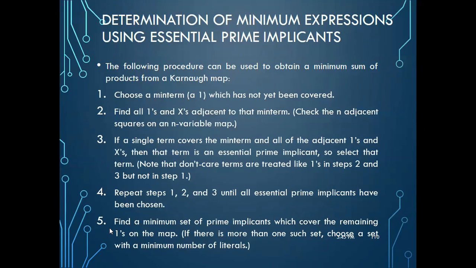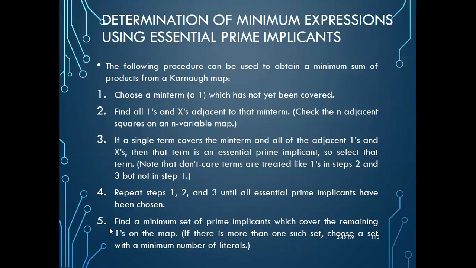So in the previous problem, as you have seen, there were two possibilities to include. That is, if you would have chosen A bar B D or B C D. In this case, the literals are the same in number, because there are three literals in that problem. Sometimes you may end up with different expressions, and you get a different number of literals.